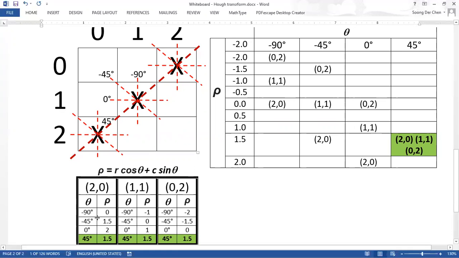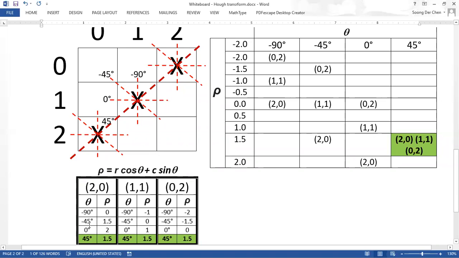This is the table which lists the equations of the lines which pass through them. Following this equation, we start with negative 90. Every time we increase by 45 degrees, this is actually a parameter.